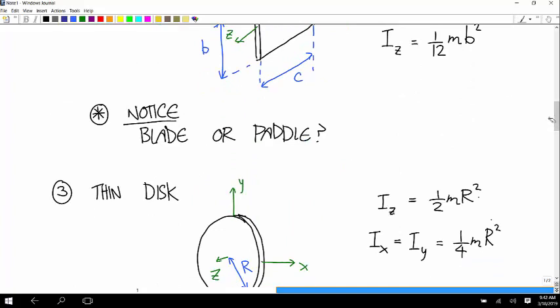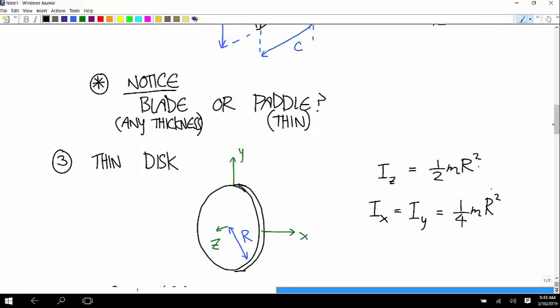So what do I want to say here? If you're rotating it like a blade, that can be any thickness. If you're rotating it like a paddle, we're assuming that it's thin. And it works the same with the disk.